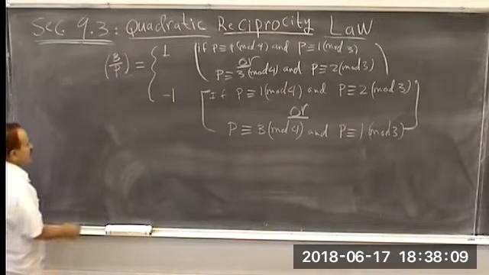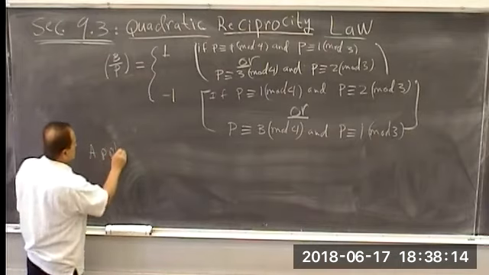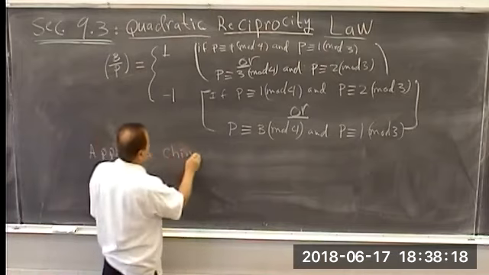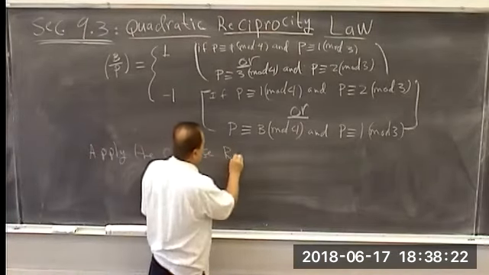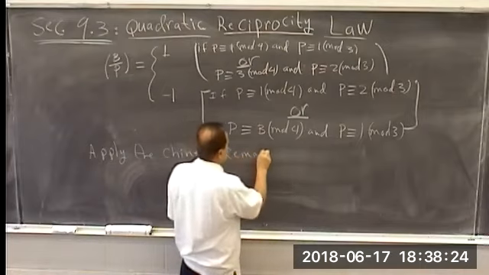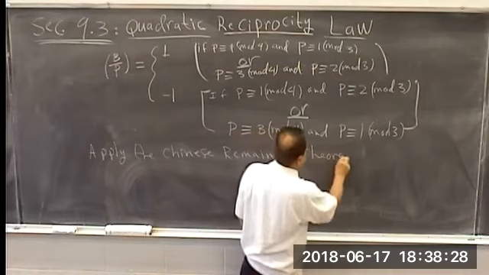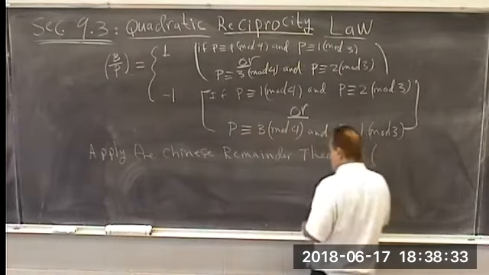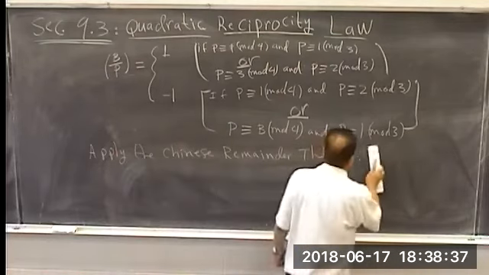Well, we could actually reduce this. We can apply the Chinese remainder theorem to put this in mod 12, which is the product of 3 and 4.